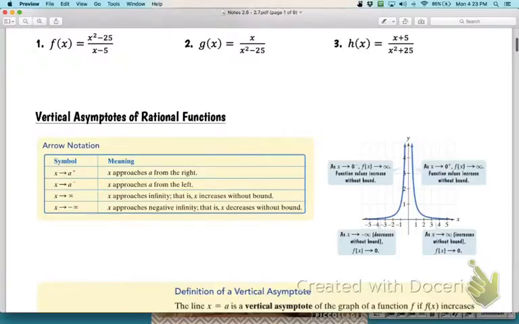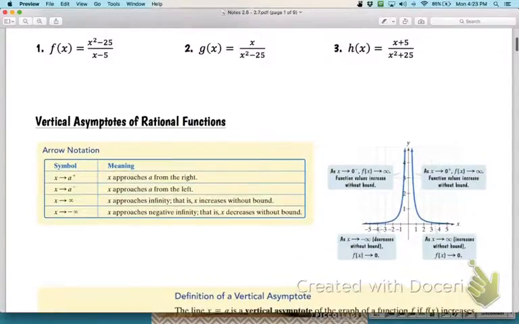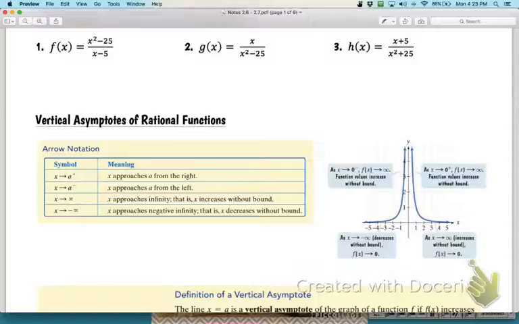The next thing we're going to look at is vertical asymptotes. So the graph of a rational function can have 3 types of asymptotes. And if you remember, an asymptote from Algebra 2 means the graph gets closer and closer and closer, but it never actually crosses. So I could have, for example, a graph that looks like this, and I might have a vertical asymptote here and here.